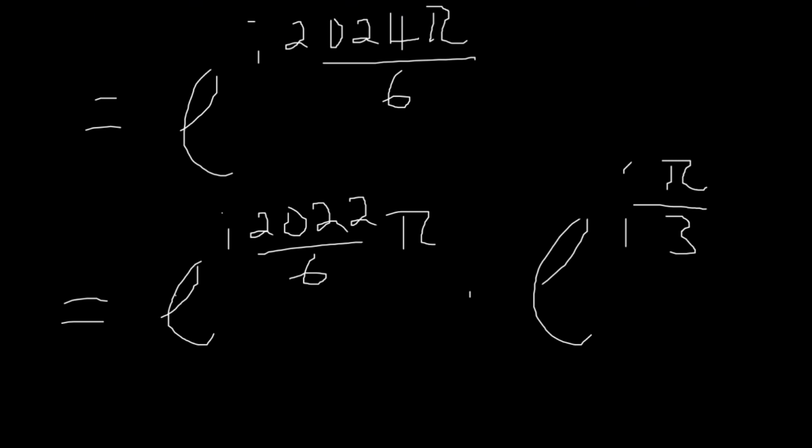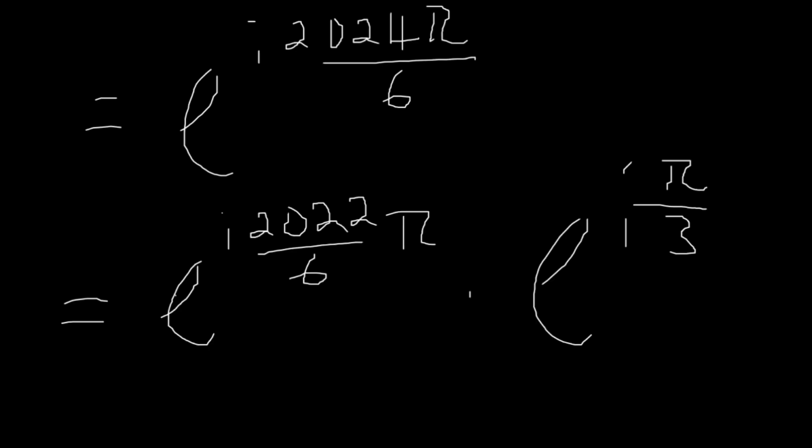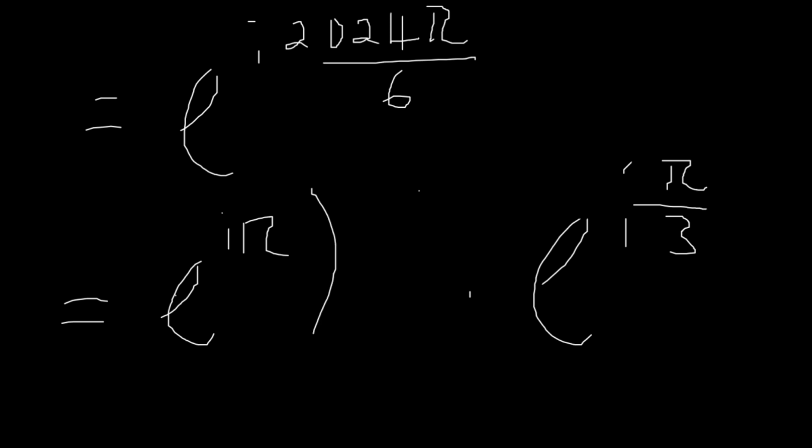Okay, I'm forgetting the I. And simplifying this, we're going to be having what? We can just take this I pi and put this as I pi all to the power 22 over 6. So it should not disturb you while solving.